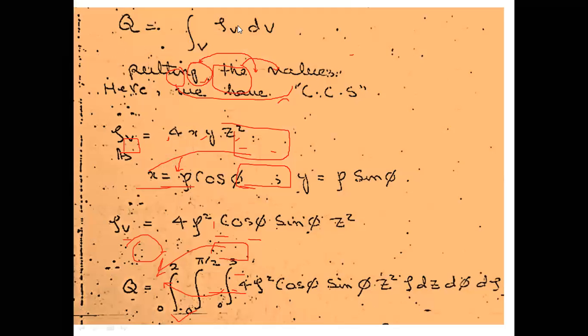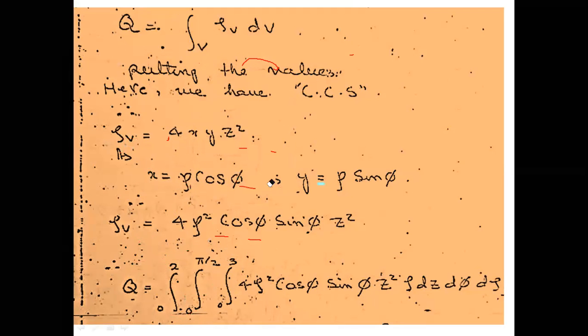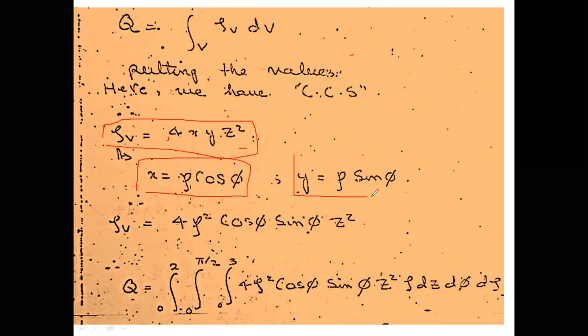Now this is the B part. I've already told you when we were starting this numerical that there is a trick involved in the B part, and the trick is that the volume charges are given in x, y, z form, but the limits are given in rho, phi and z. So we have to convert the variables x, y, z into rho, phi, z. As we know, x is equal to rho cos phi, we have already discussed it in the class, and y is equal to rho sine phi.